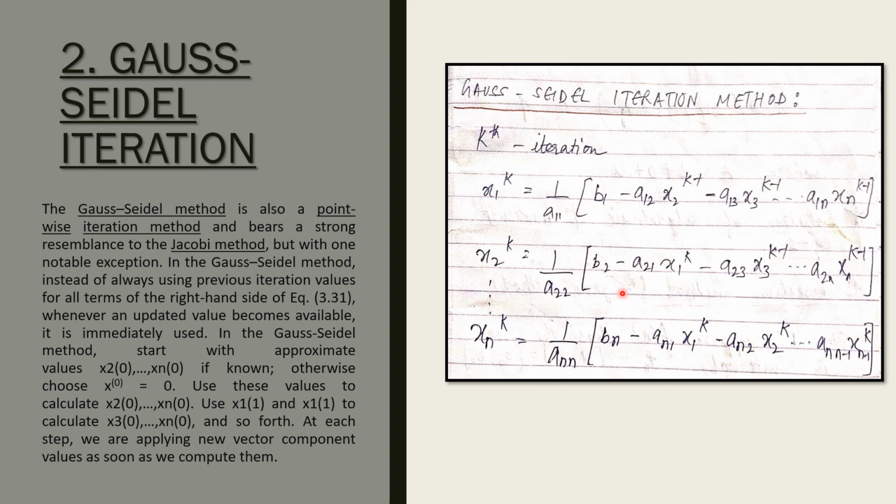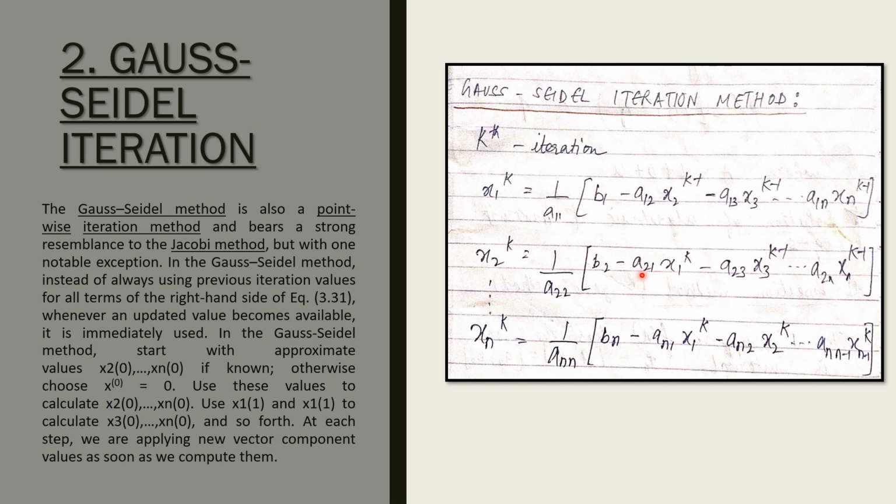The simple formula is this: x1 to the power k equals 1 by a11 times b1, similarly a12, but the difference is this x2 to the power k minus 1. The first one follows the previous iterative values, and the next one will take help of this newly calculated one, not the previous one.